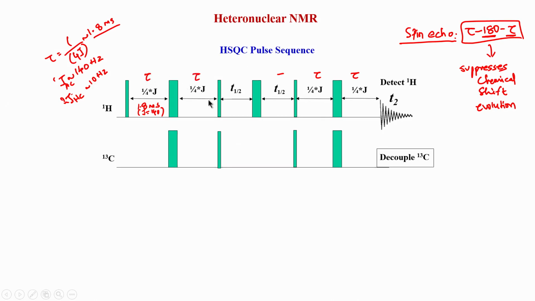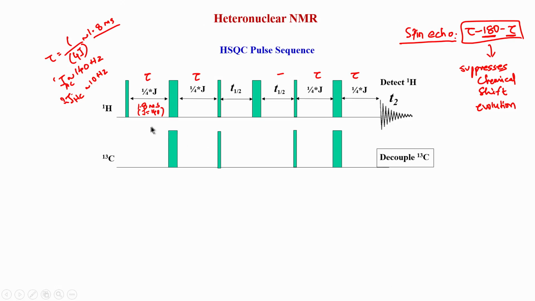Then after this period is over, we now take the proton which was along the xy plane, we take the proton to the z axis. So, after this proton pulse which is shown here, the magnetization of the proton goes along the z axis, but the carbon is excited now and it comes into the xy plane during this period. So, this is what I showed you in the previous slide, that we have an INEPT block.